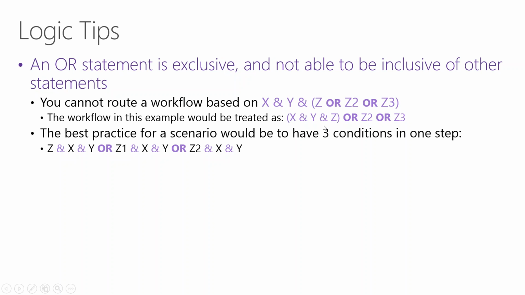It would be treated as X, Y, or Z, or Z2, or Z3. So best practice would be to choose for X, Y, or Z, or Z1 with X and Y, Z2 with X and Y. So some things you can think about, and this slide would be available for you to go back to and say, how would I want to think about my logic in order to roll it out to be useful.